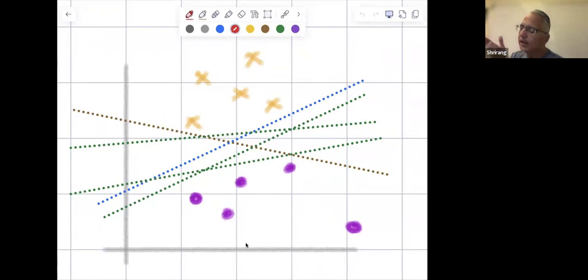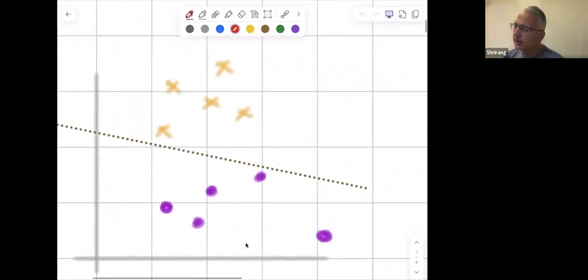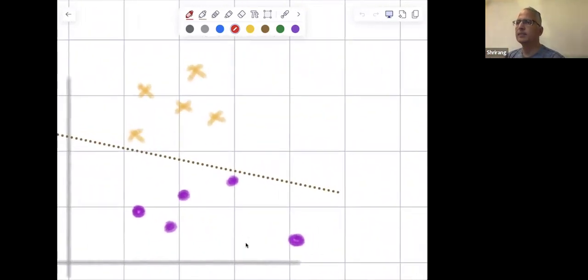Now, the key thing to remember out here is that it is assumed that the test data, or the data we will be checking this on if we deploy this as a model, is going to be from the same distribution that the training data is from, right?